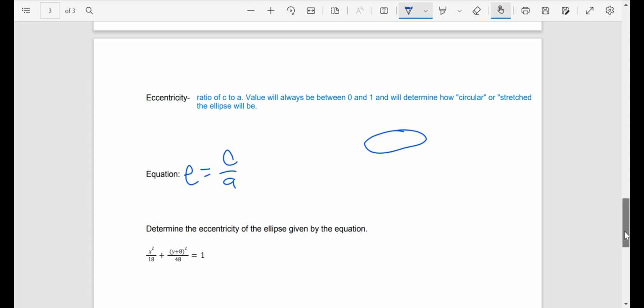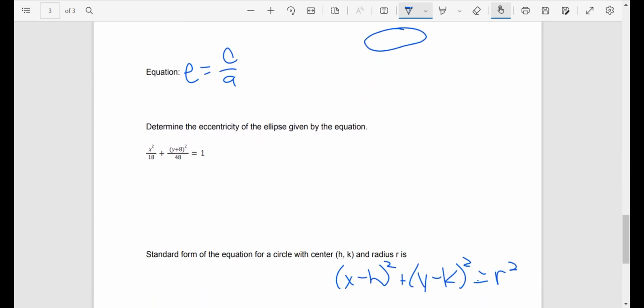So let's determine the eccentricity of the ellipse with the given equation. So a is going to be equal to the square root of 48. And if you remember, a squared minus b squared is equal to c squared. So c squared is going to be equal to 48 minus 18, which is 30.